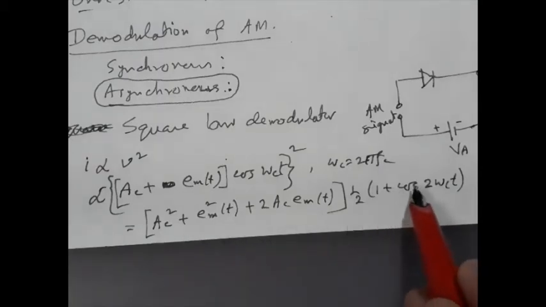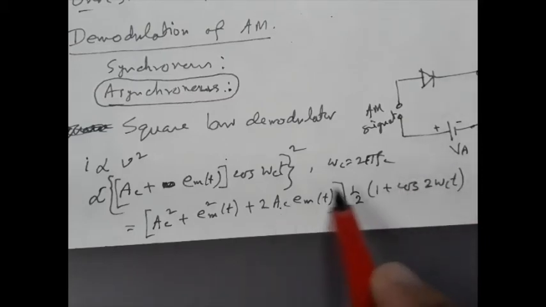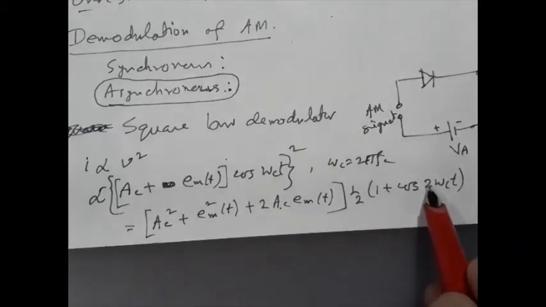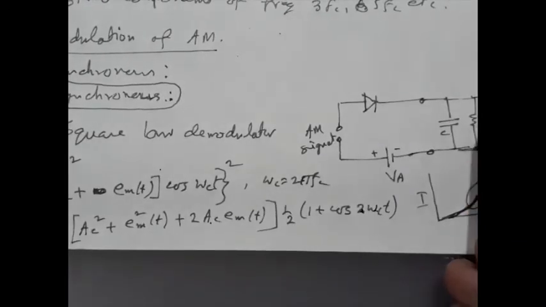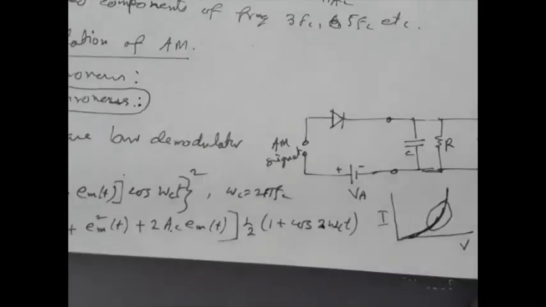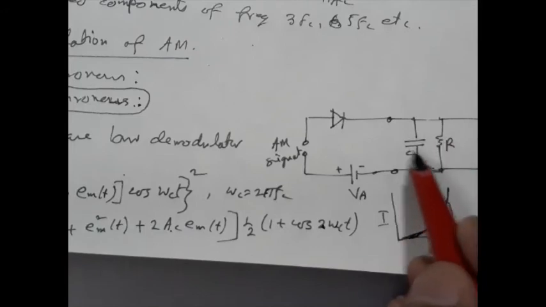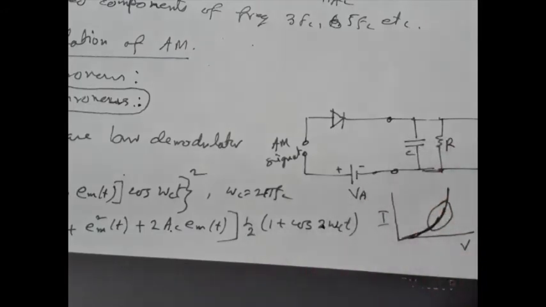Now we have to multiply them. Once we multiply them, cos 2 omega c t multiplied by this thing will have a frequency of twice omega c, which is very high, and that must be eliminated by this filter. So we have to select this C and R in such a way that it is able to reject these high frequency components.